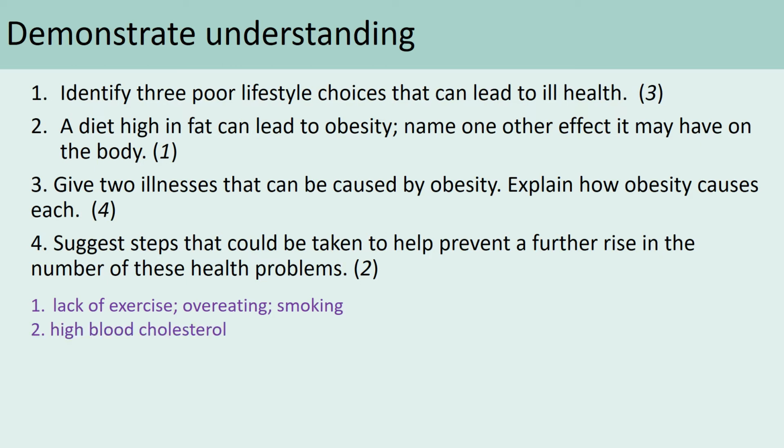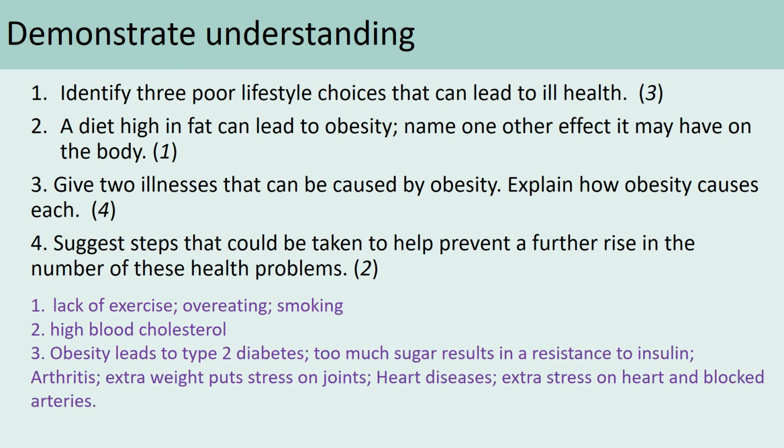So we mentioned a few of them. High blood cholesterol. You could have spoken about arthritis. You could have talked about coronary heart diseases, any of those. Number 3, give 2 illnesses that can be caused by obesity and explain how obesity causes each.